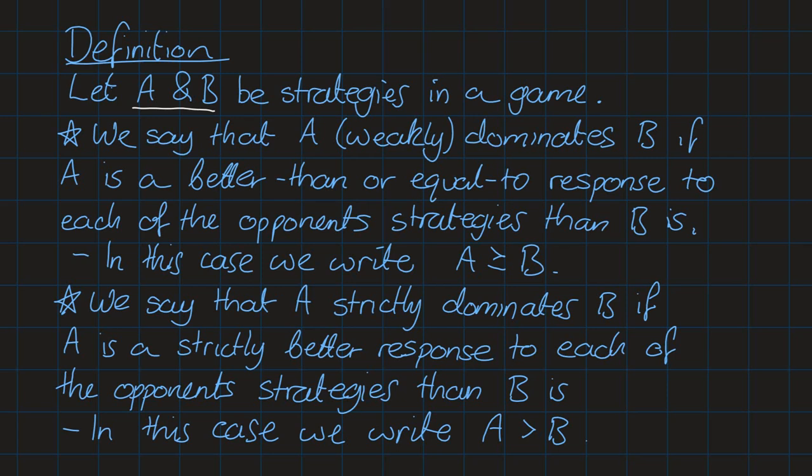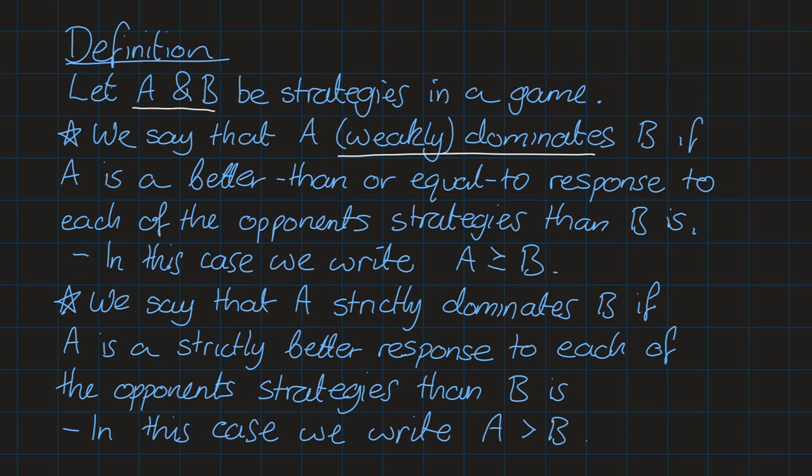The first part of the definition says that A weakly dominates B if A is always a better than or equal to response to every one of the opponent's strategies than B is. So the idea is no matter what your opponent does, it's always better than or equal to play A than to play B. And this is called weakly dominant.